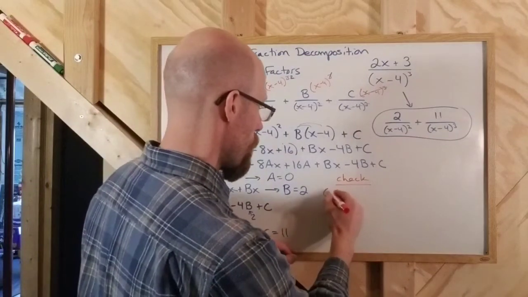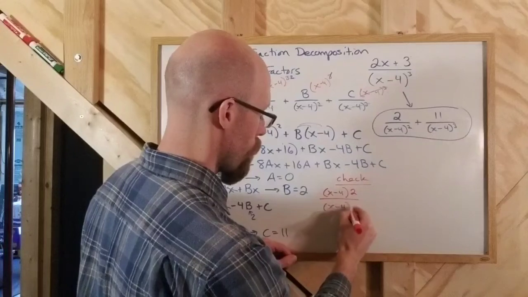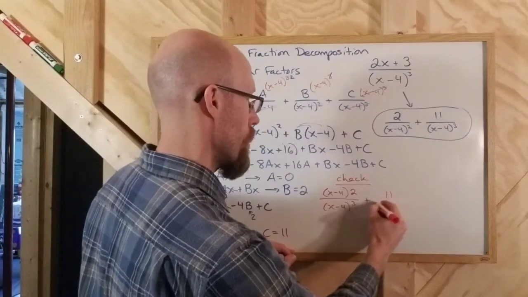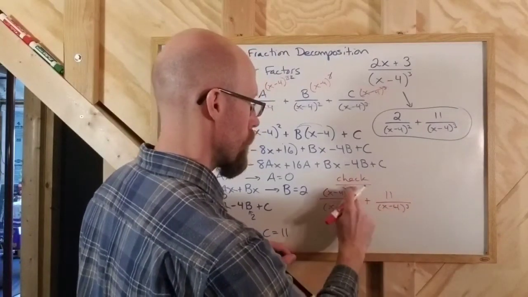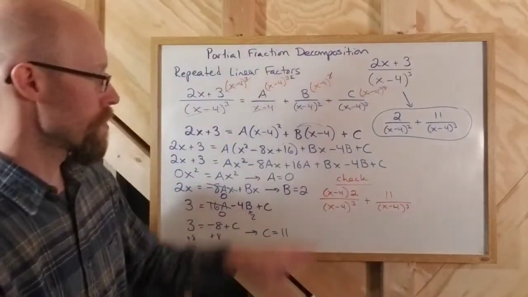So I'd have x minus 4 times 2 over x minus 4 cubed plus 11 over x minus 4 cubed, right? That's a times 2. Right, so that gives me the LCD.